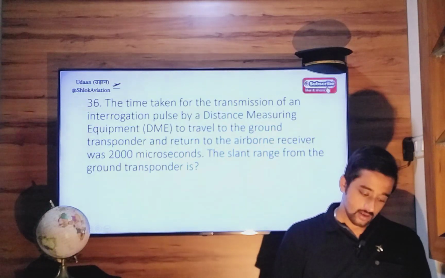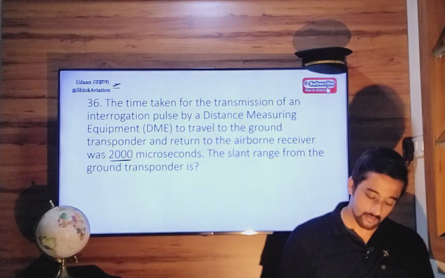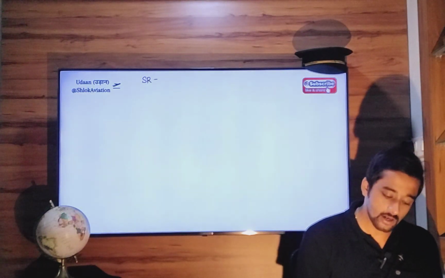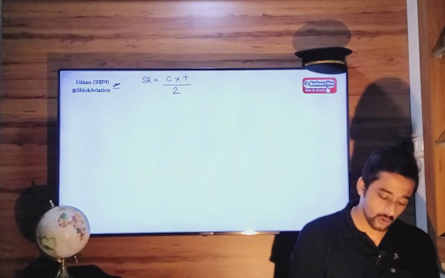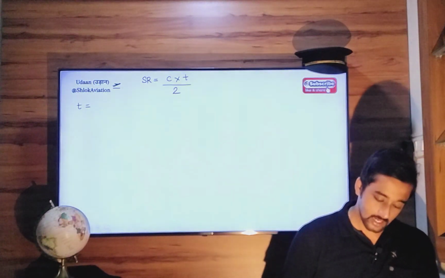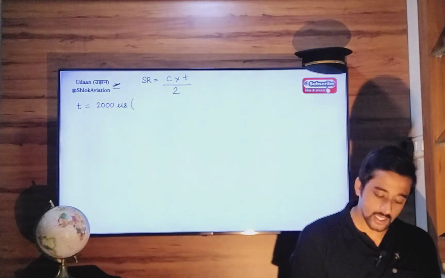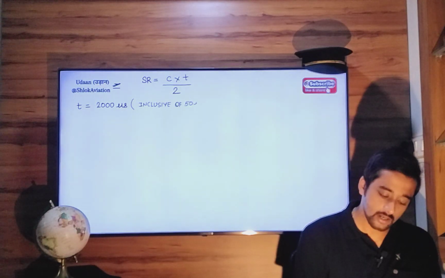Next. The time taken for the transmission of an interrogation pulse is 2000 microseconds. Slant range is equal to speed of light multiplied by time interval divided by 2. The time interval here is 2000 microseconds. Now this 2000 microseconds is inclusive of 50 microseconds, right?